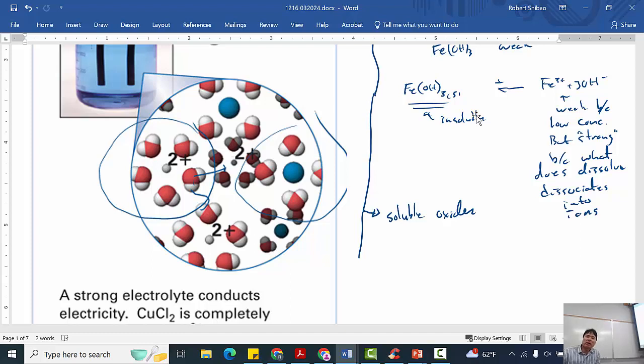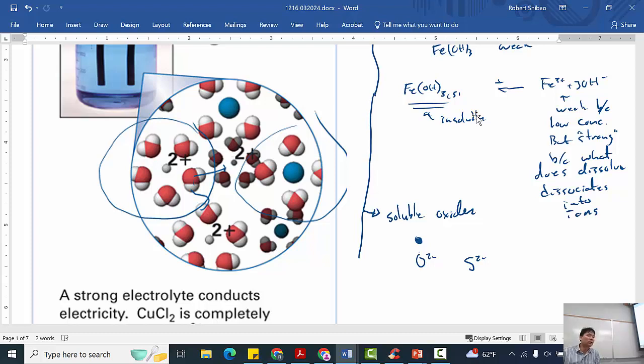Now what would you expect the solubility of oxide to be? So let me tell you this. If we look at the size of oxide and compare it to the size of sulfide, which one do you think is bigger, a sulfide or an oxide? Oxide.